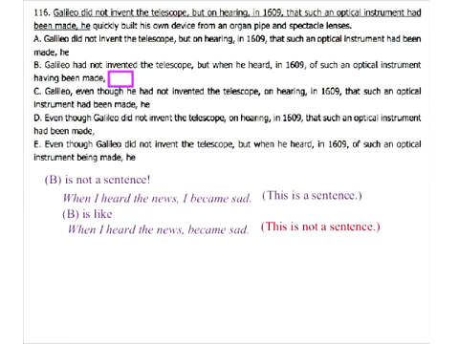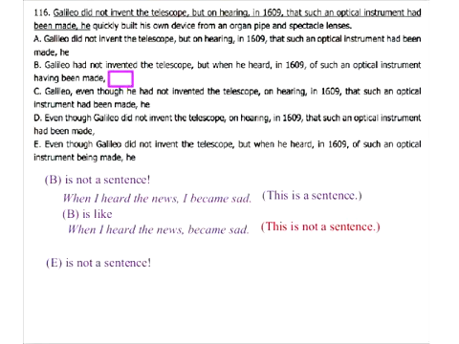So, what's wrong with E? And what's wrong with having even though and but? Again, it's not a sentence. E is not a sentence either.